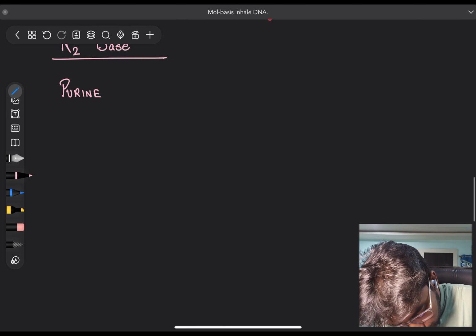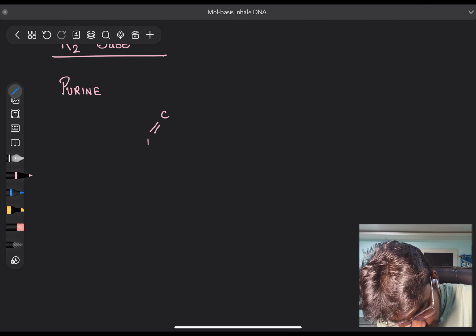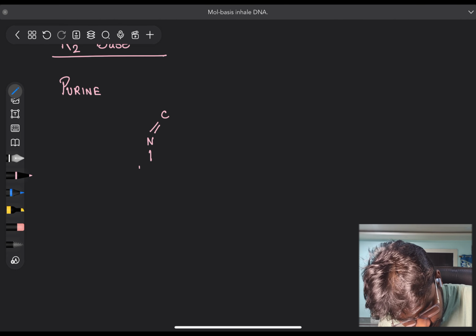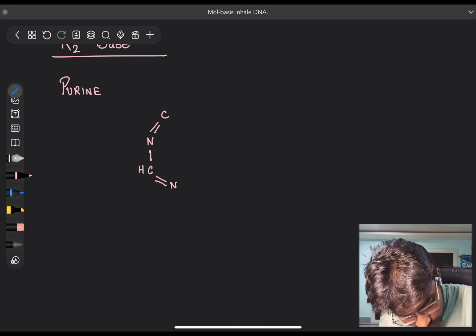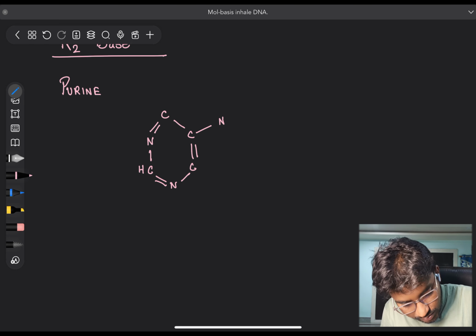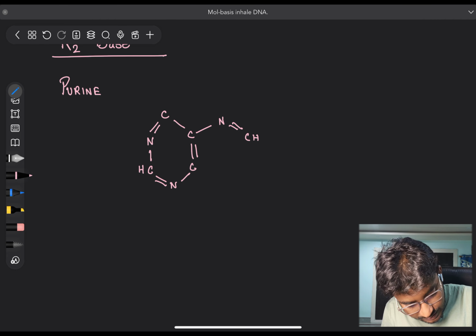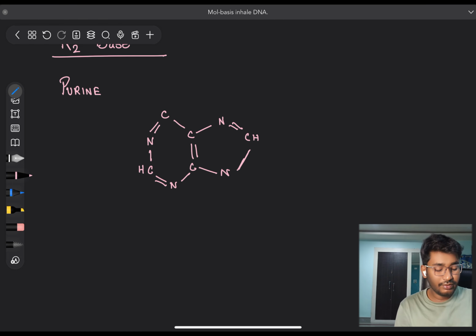Carbon, double bond nitrogen, single bond carbon, double bond nitrogen, here single bond carbon, double bond carbon, and here single bond nitrogen. This carbon single bond with nitrogen, double bond with carbon, single bond with nitrogen, single bond with nitrogen. Here this carbon also single bond with nitrogen.